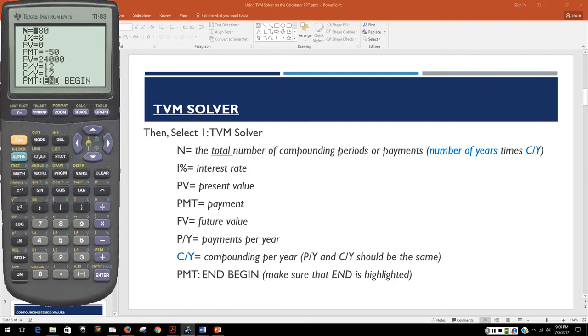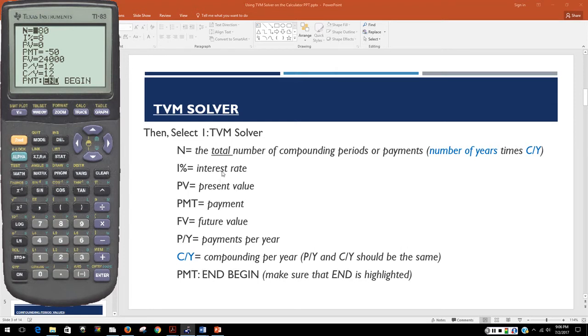So to find what N is, you take the number of years for the investment or the loan and multiply it times C/Y, which is here at the bottom of the page, how many times of compounding per year. And again, I noted here that P/Y and C/Y should be the same. /Y means per year.